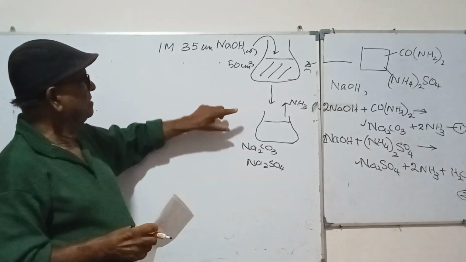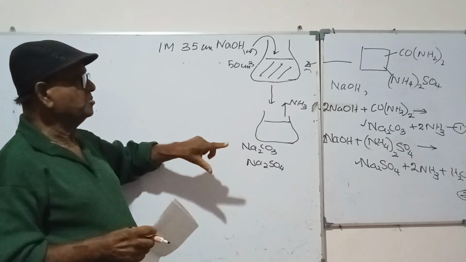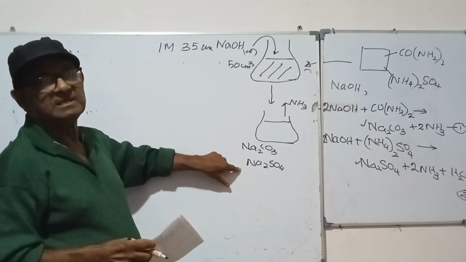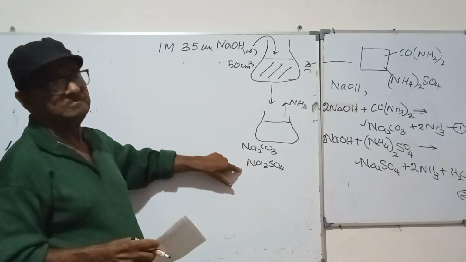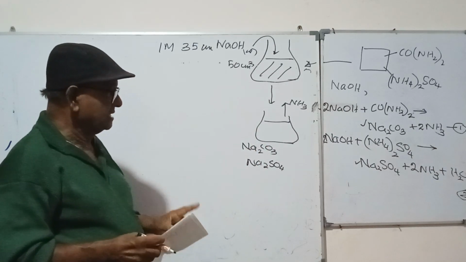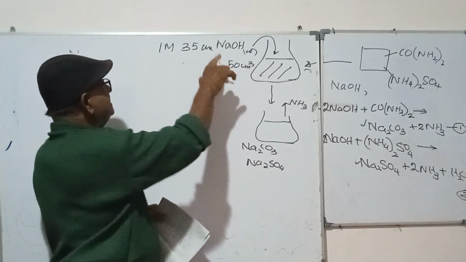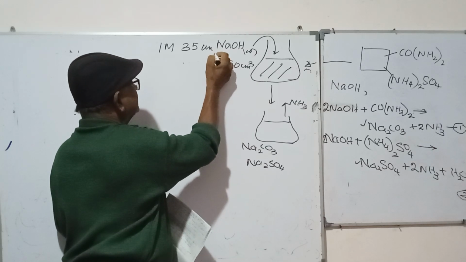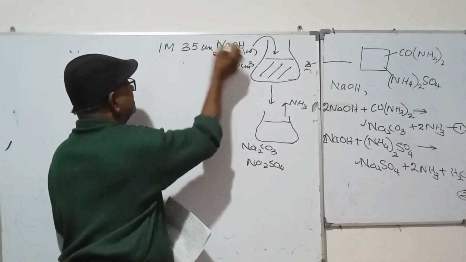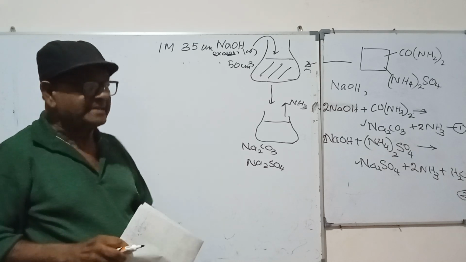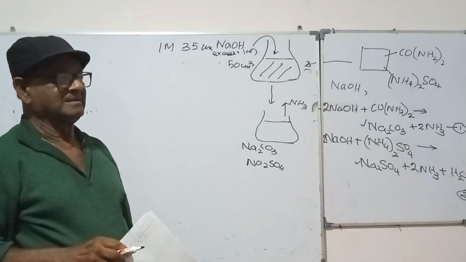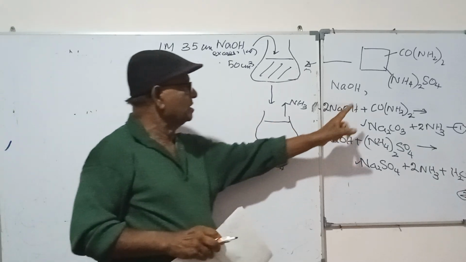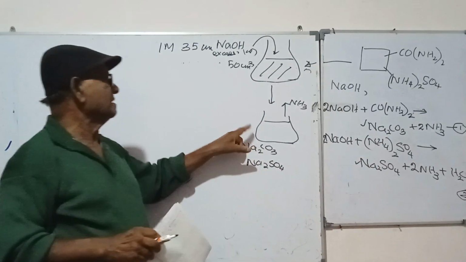As a result of the two reactions, sodium carbonate and ammonium sulfate should be formed. They are present in the ionic form. Ammonia evolved. It is given that NaOH was added in excess, to complete the reactions. If it is excess, no urea or ammonium sulfate remains in the final mixture.